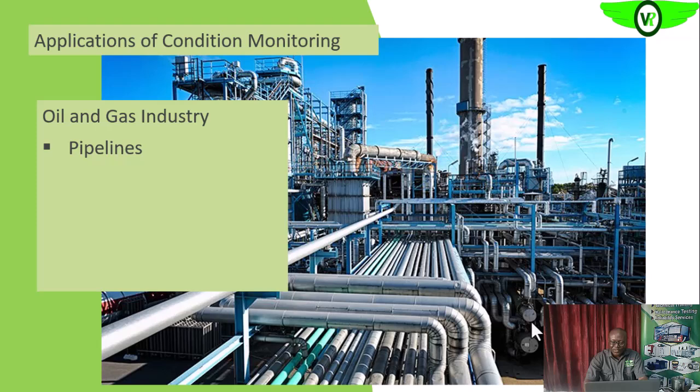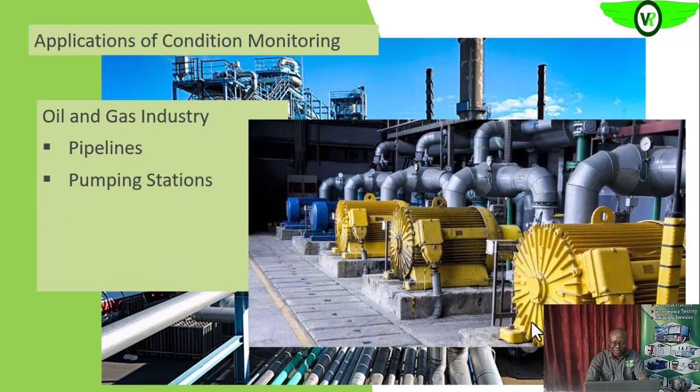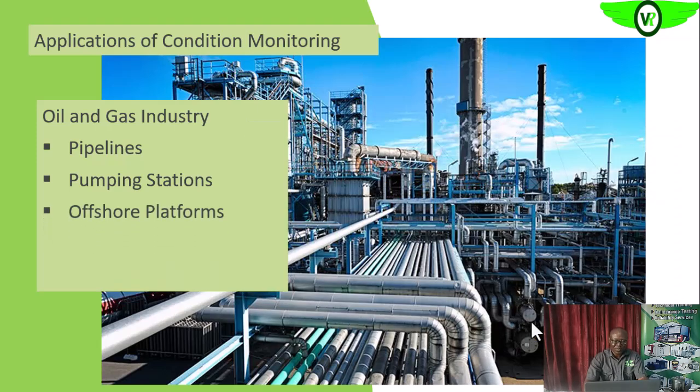All of these are some of the condition monitoring technologies that we can use. Like we said, for pumping stations: vibration analysis, pressure, temperature, infrared thermography. All of these are parameters we can look at to know the condition of our equipment.